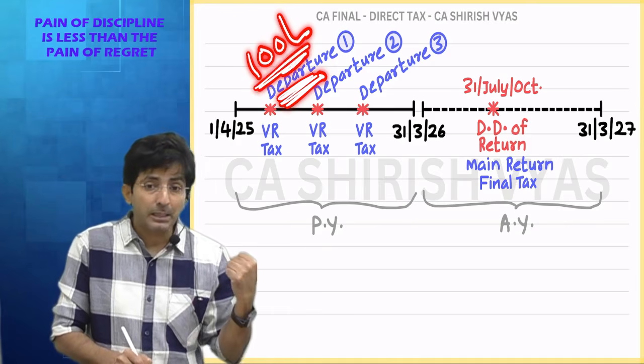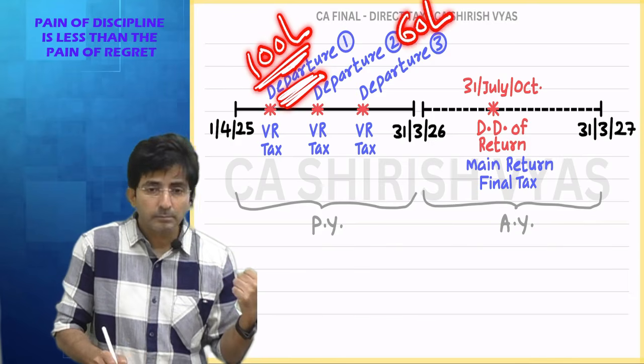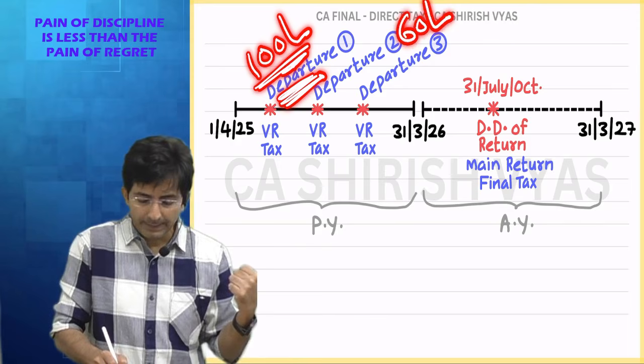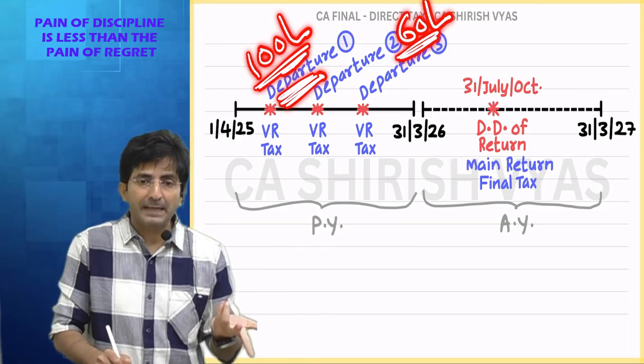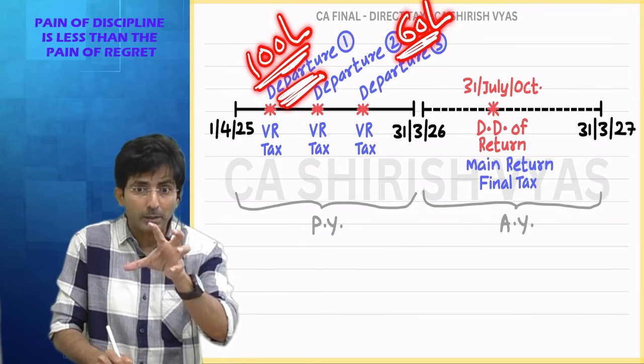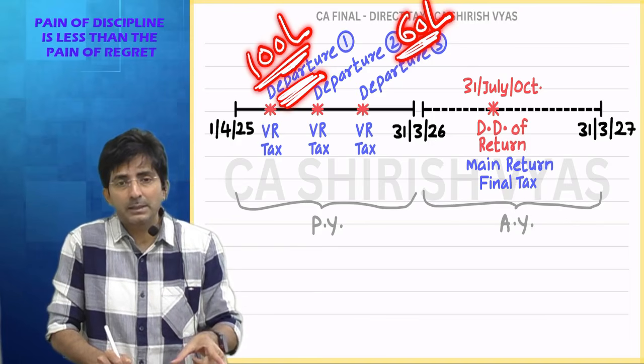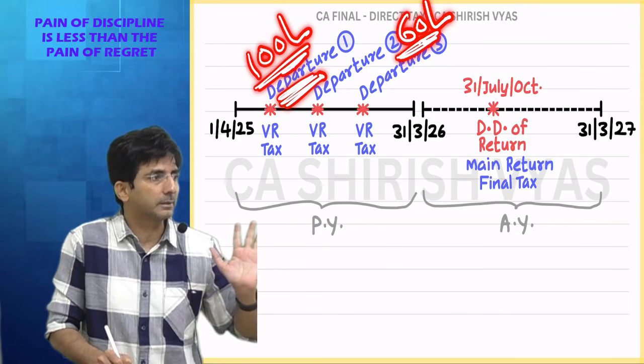Then in the next departure, departure 2, there was another booking of 60 lakhs. Then what will you do? You will pay tax on 60 lakhs. See, 60 lakhs is the booking. Booking means the gross amount. First you will calculate 7.5% and then tax will be 35%.